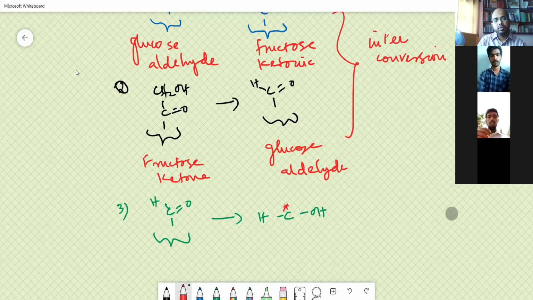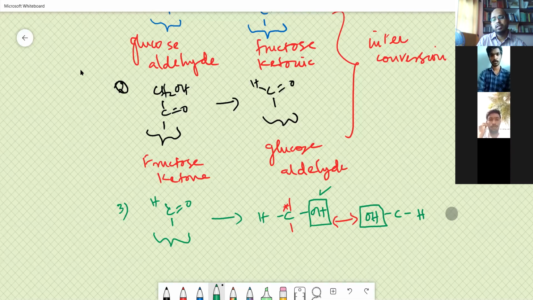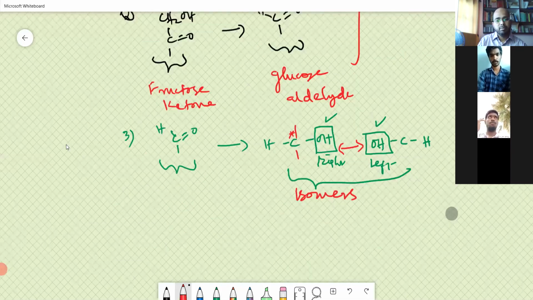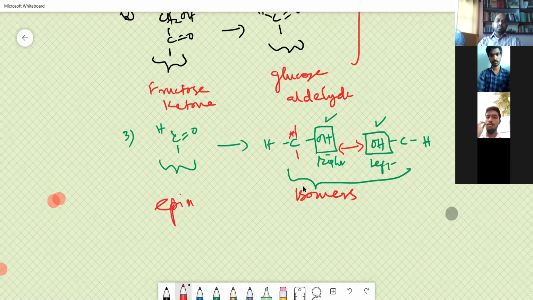Therefore, you are going to get two isomers: one with the OH on the right side, and one with the OH on the left side. These two are isomers, and these isomers are also called epimers.